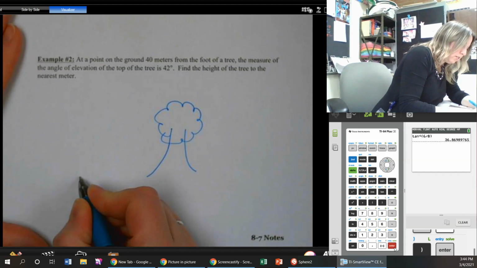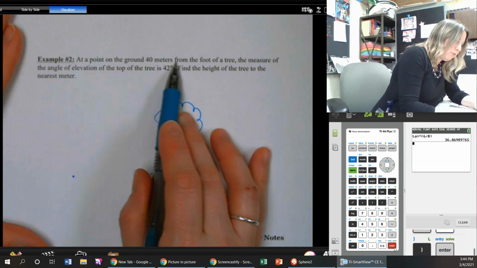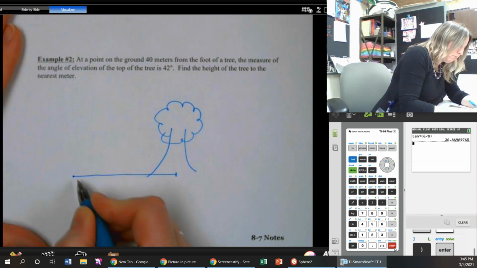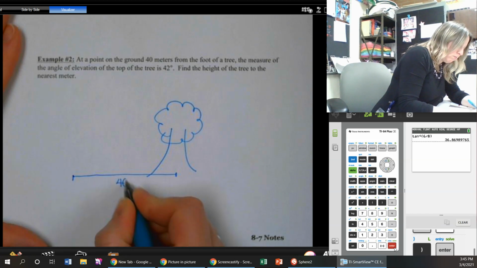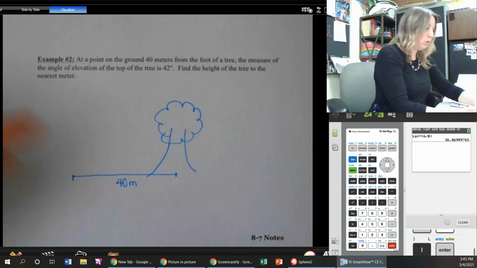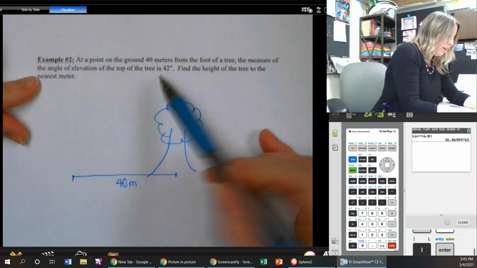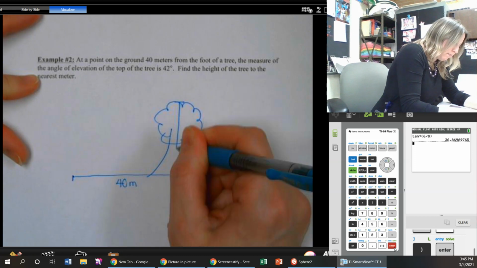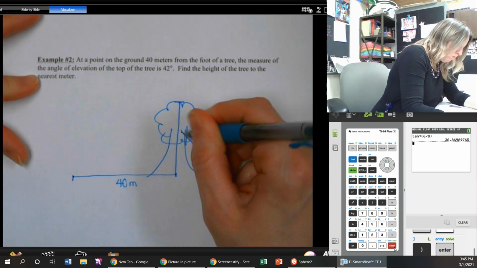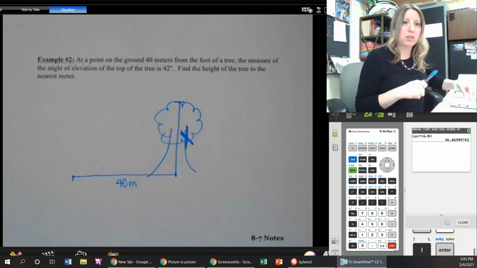And here's a point on the ground, 40 meters from the foot of the tree. Boom. There we are. We want to find the height of the tree. So you can see it in my drawing. Good. Okay, we can see that.